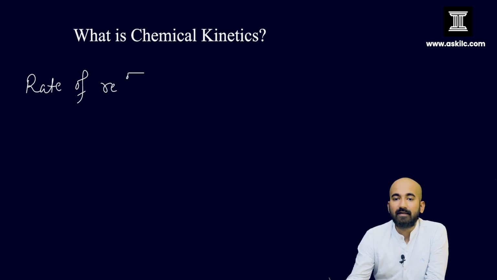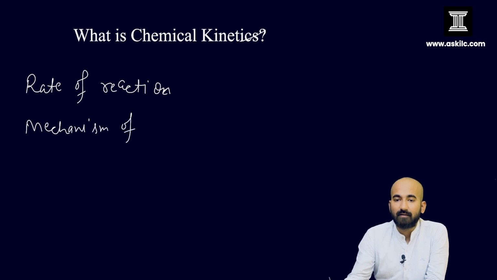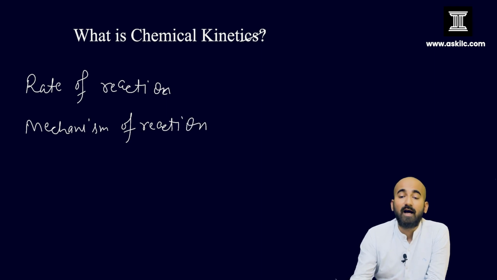Okay, and then after some time you will learn that apart from the rate of reaction, it also tells you the mechanism of reaction. What do I mean by mechanism of reaction? Some reactions are very complicated. How complicated?